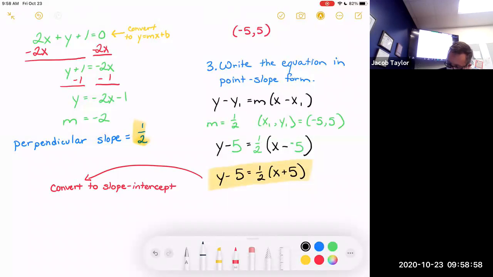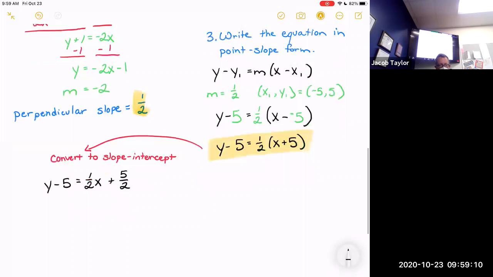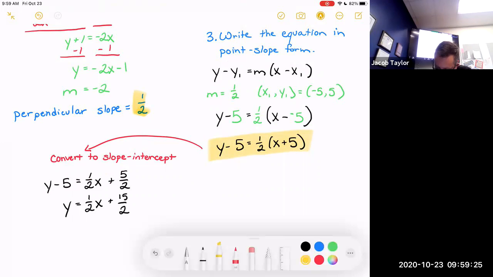So I would do the distributive property, which would give me 1/2 x plus 5/2 if I distributed the 1/2. And then I would just add 5 onto the other side. You can find a common denominator and do this. Do 5/2 plus 5. It'd be 10/2, right? Which gives me a total of 15/2. And there it is in slope-intercept.